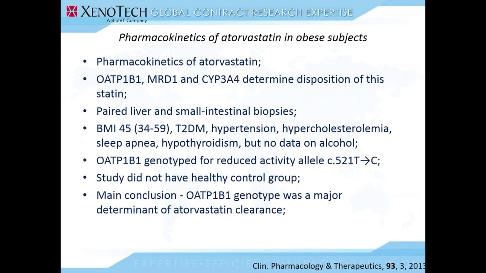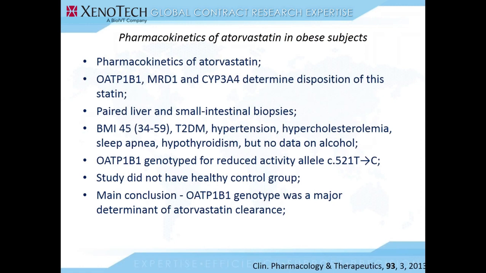Going further, I'd like to bring your attention to one relevant study. This is the study of pharmacokinetics of atorvastatin in obese subjects. Regretfully, I must say that NASH is not named as a category of the patients, but the BMI and the comorbidities indicated in that study suggest that NASH patients are actually present there.